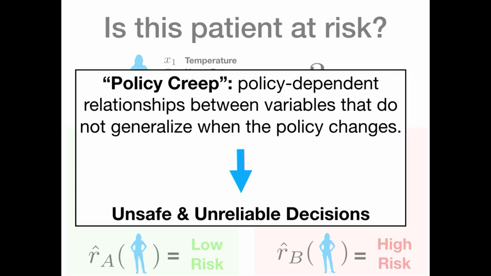So the training data policy is now becoming something different that depends on the model's predictions, and we're going to experience this policy creep. So to summarize, in order to build reliable decision support tools, we need to learn in a way that is stable to changes in these policies.